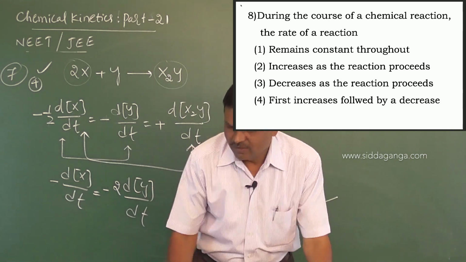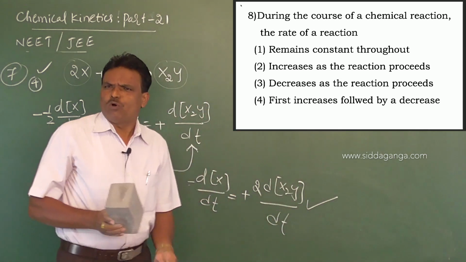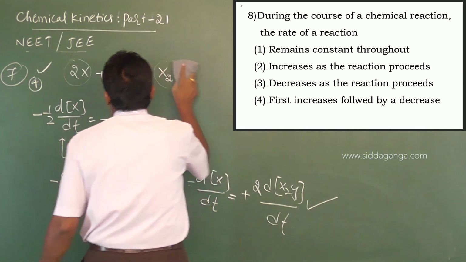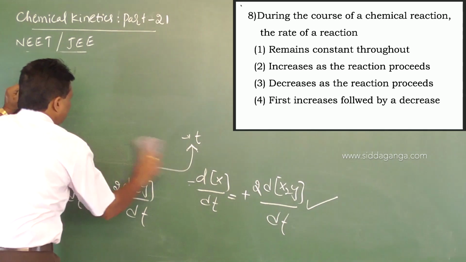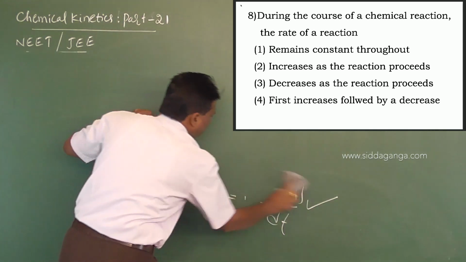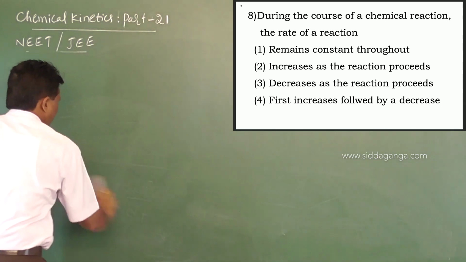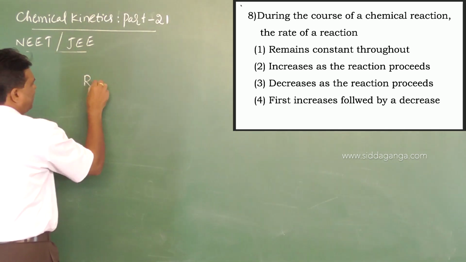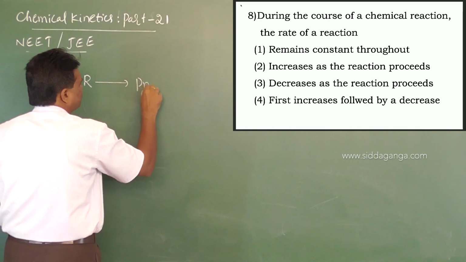Next one, during the course of a chemical reaction, the rate of reaction. So look here, consider the reactants turning into products.